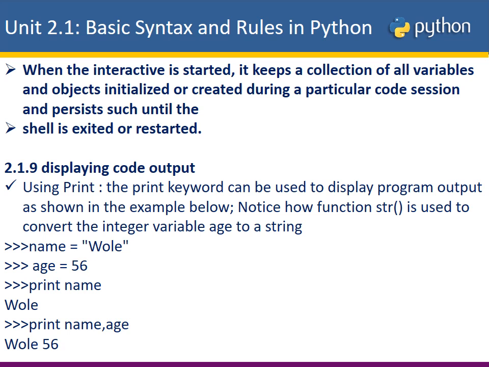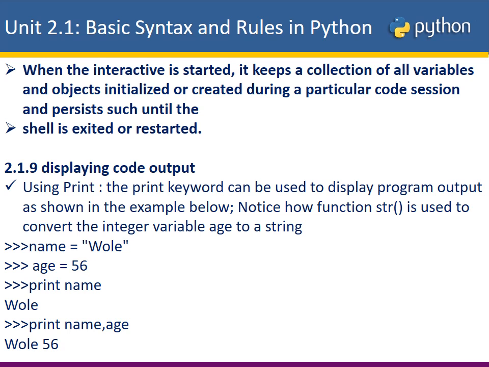So let's see from the example below here how the function str is used to convert the integer variable a to a string. We can see the integer variable here converting to a string, Wole as a string in double quotes. The str function is applied to the integer variable age.